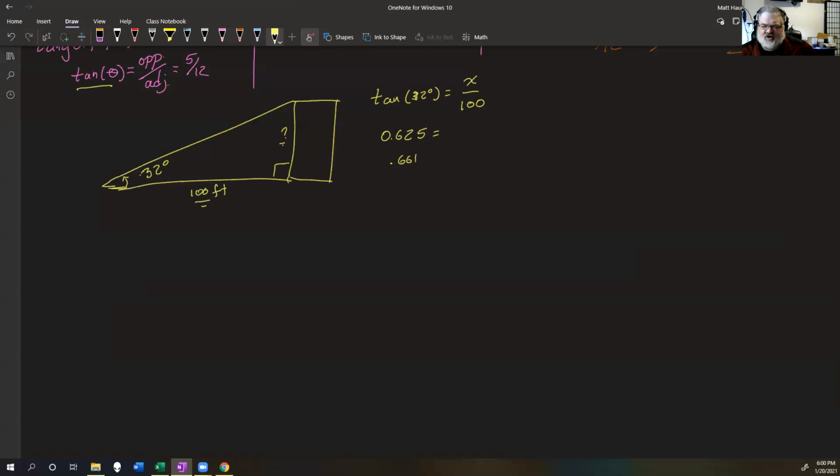Sometimes they're crazy off and you're like, how did I end up with a negative number? And it's obvious that something's wrong. And sometimes it just looks very similar. So be careful about your calculator's mode. If the question is in degrees, make sure you're in degree mode. If it's in radians, make sure you're in radian mode.